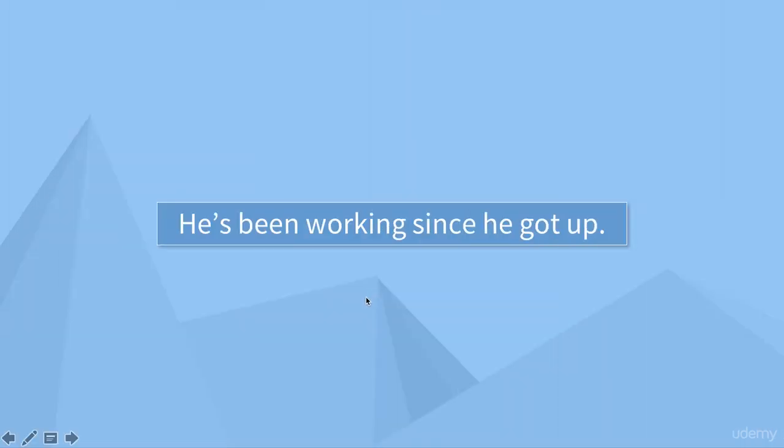Next sentence, he's been working since he got up. So subject, this one is has, but where is it? Of course, we're using a contraction. He has.